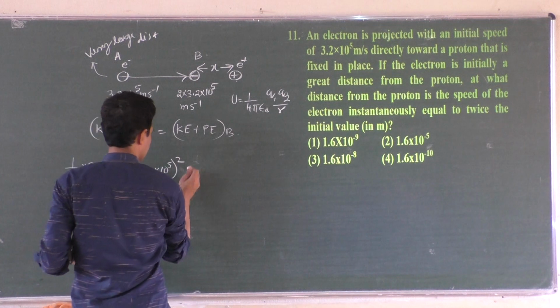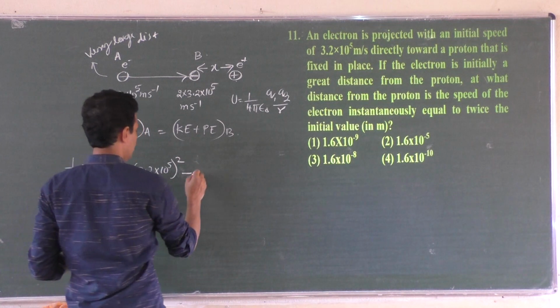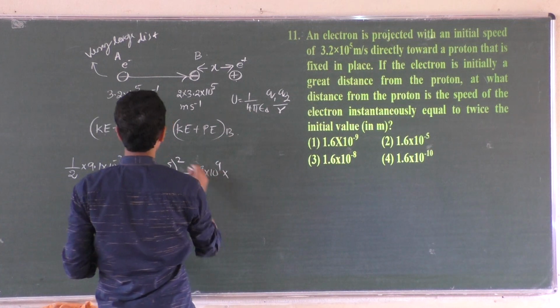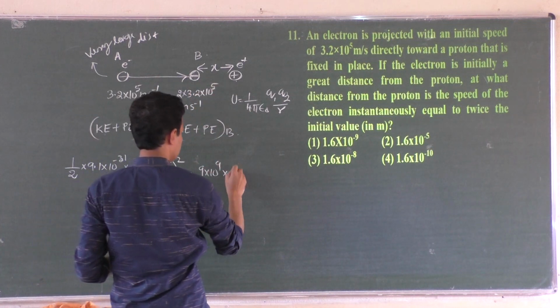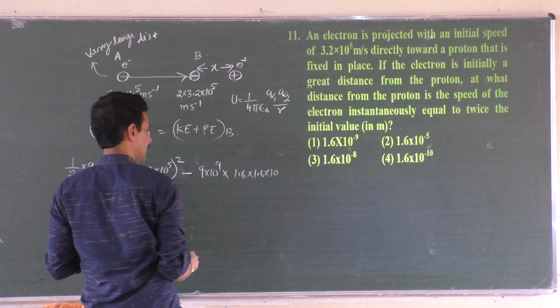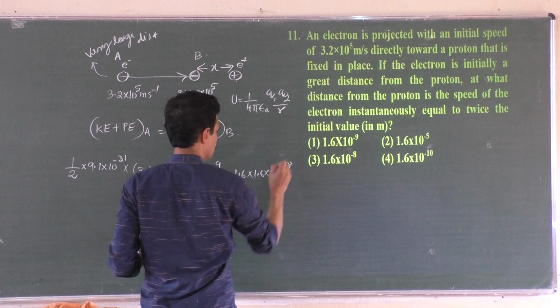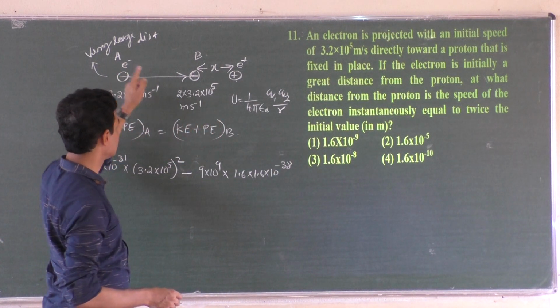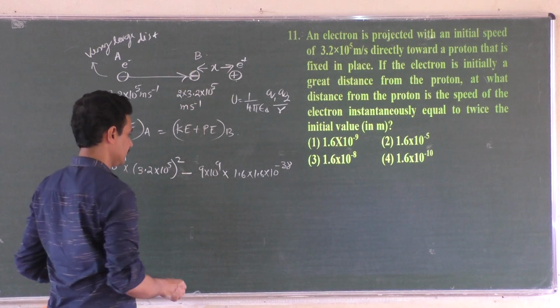So I write minus 1 by 4 pi epsilon naught Q1 Q2. The charges of electron and proton are the same, 1.6 into 10 to the power minus 19 coulombs each, 1.6 into 1.6 into 10 to the power minus 38 coulomb square, divided by distance.